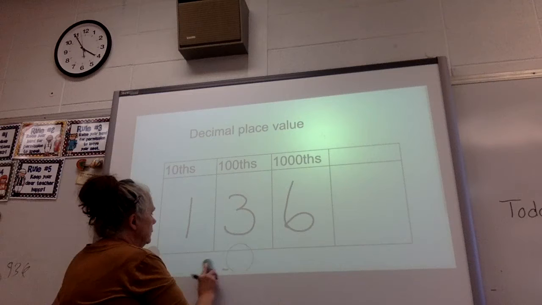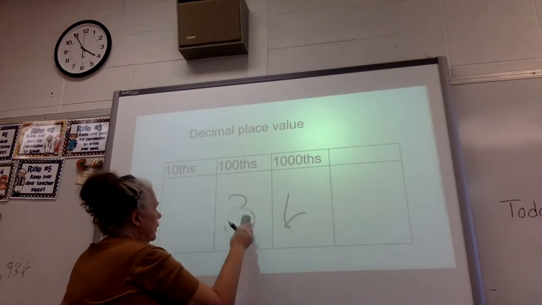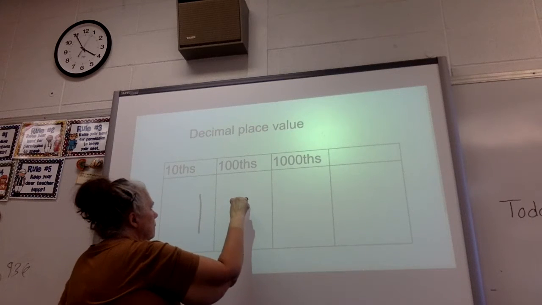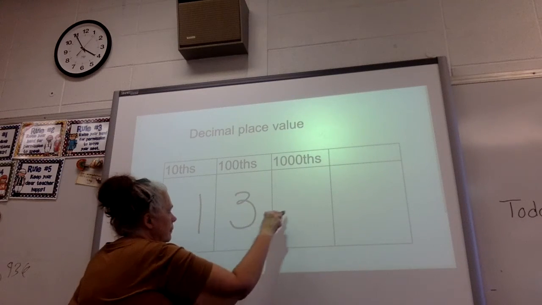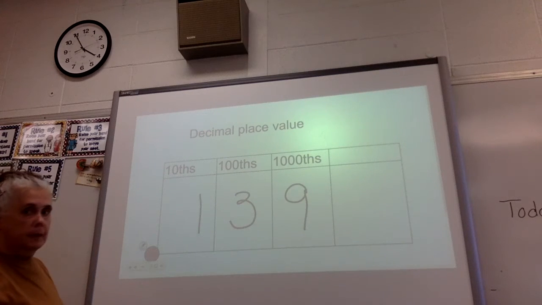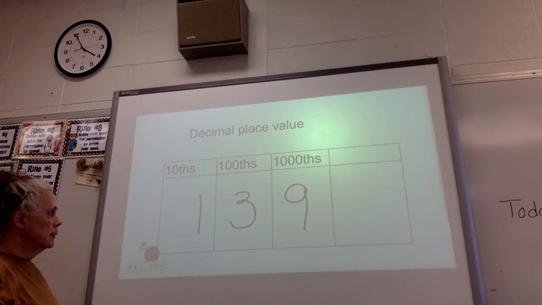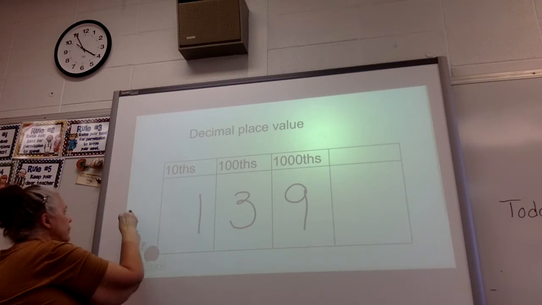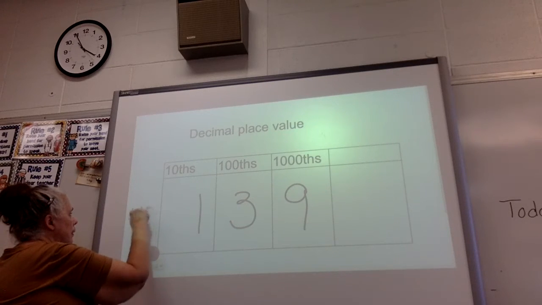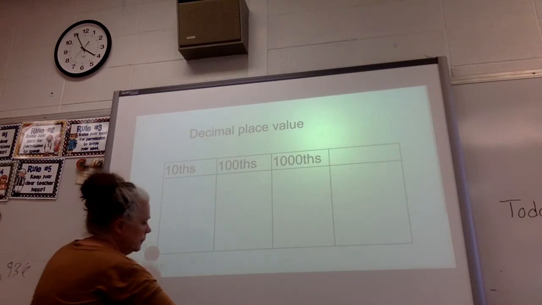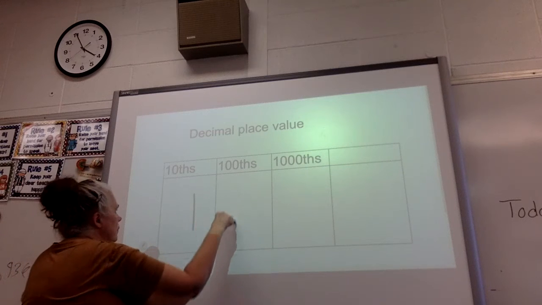Let's do another one. So 139 is the number I have behind the decimal. And then the last place is the thousandths spot. If I put a number in front of it, it'd be what you already know. Like if I had 45, it'd be 45 and, because the decimal says and. 45 and 139 thousandths.